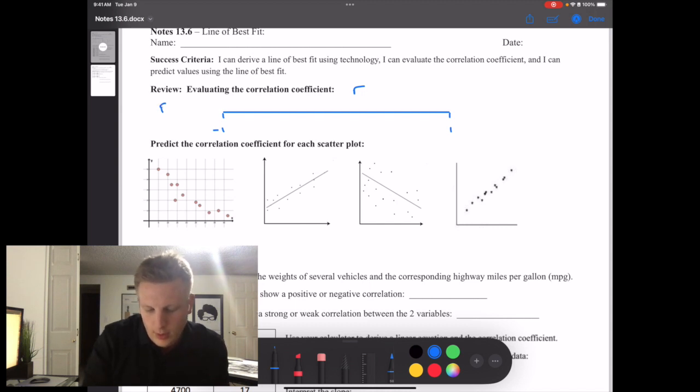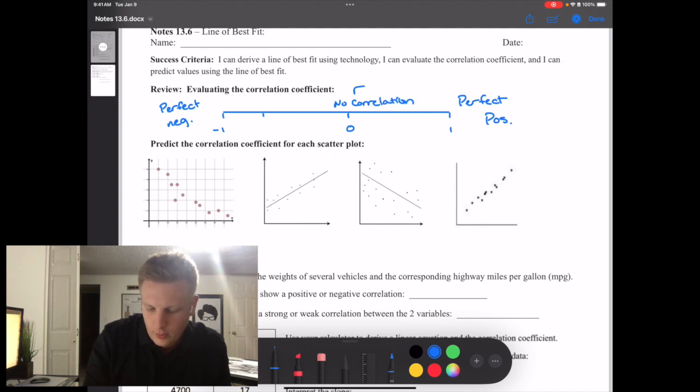And so we have our perfect negative, our perfect positive, and then right in the middle, this is where we had 0. It's our no correlation.